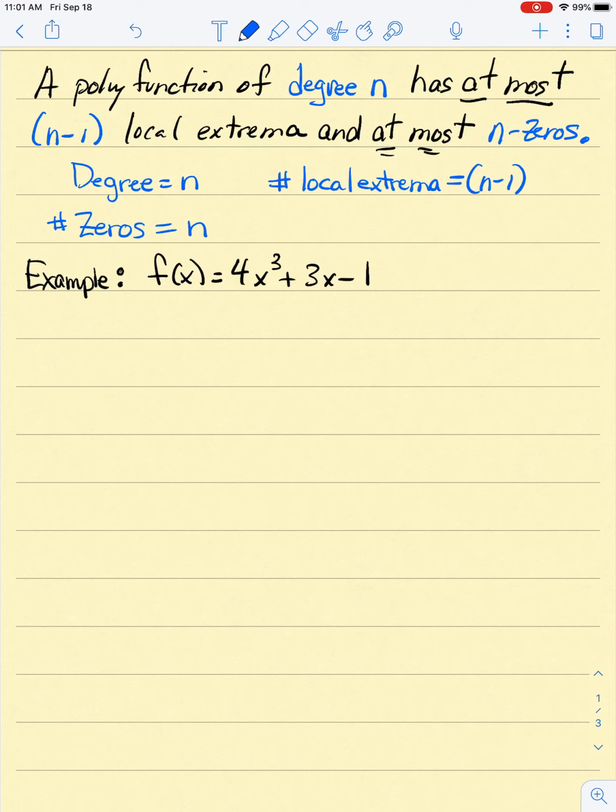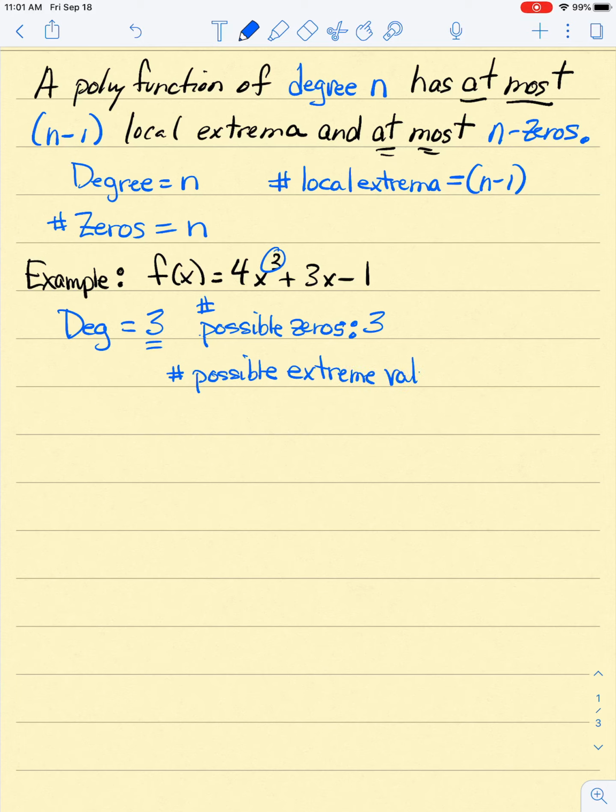We want to talk about what's the degree, how many extrema, and how many zeros are possible for our polynomial function. We'll start out by naming the degree. We are in standard form, or descending order, and we see our degree to be 3. The number of possible zeros is at most the same as the degree, so 3. And lastly, the number of possible extrema or extreme values.